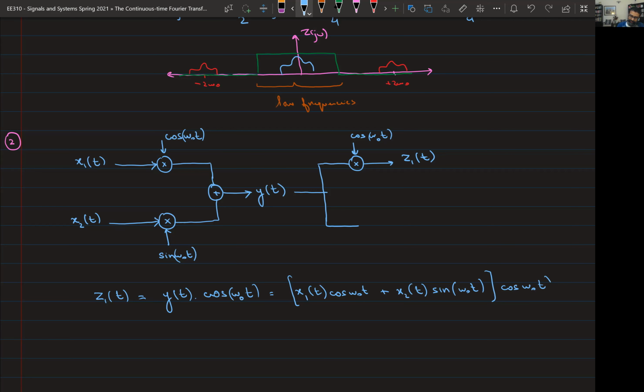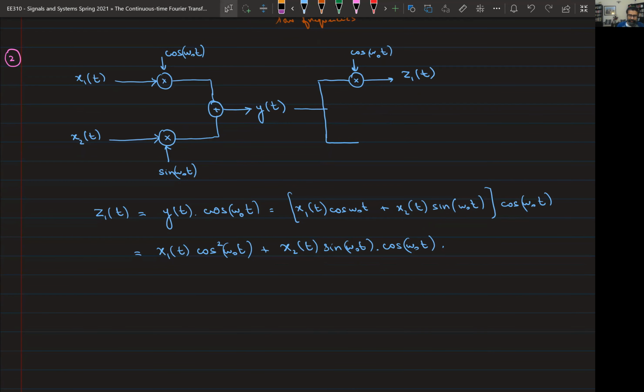So the thing inside the bracket is actually y of t. Let me expand this bracket now. So this is x1 of t cosine squared omega naught t plus x2 of t times sine omega naught t times cosine omega naught t.